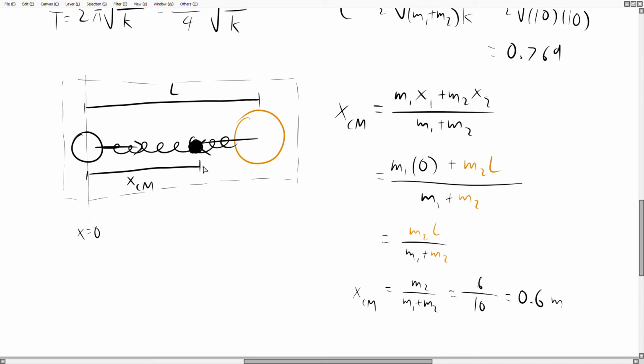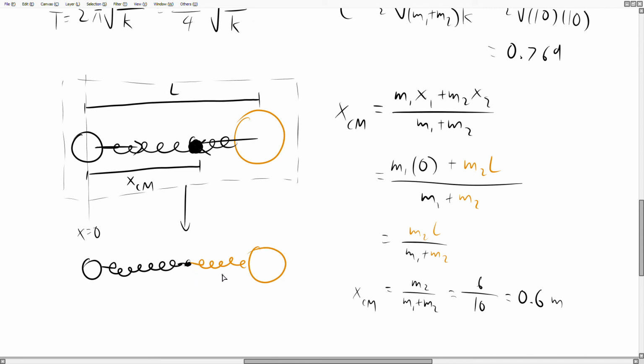So what we can basically do is treat this problem as a problem with two springs. We have a spring attaching the first object to this anchor, which is our center of mass, and we have another spring attaching our larger object also to this anchor.